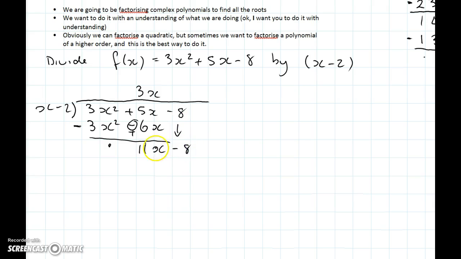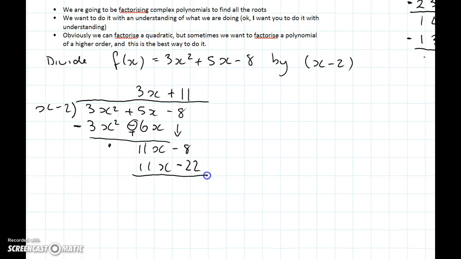Okay, so now I have 11x that I'm mainly looking at, and I'm dividing by the highest one again. 11x divided by x gives me 11. 11 times x gives me 11x, and 11 times negative 2 gives me negative 22.